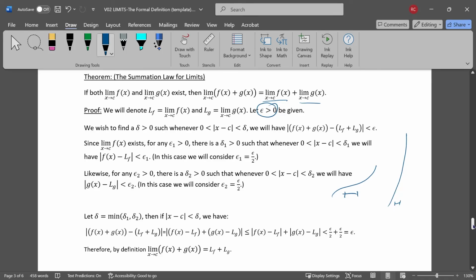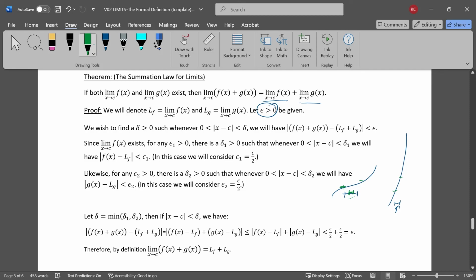So what we do is pick the minimum value for delta. So we pick the smaller of the two. We pick that guy, because if one function has the accuracy we want there, and the other function has the accuracy we want here, right? If I pick the smaller x-axis distance, it's going to keep me within that accuracy for both functions.